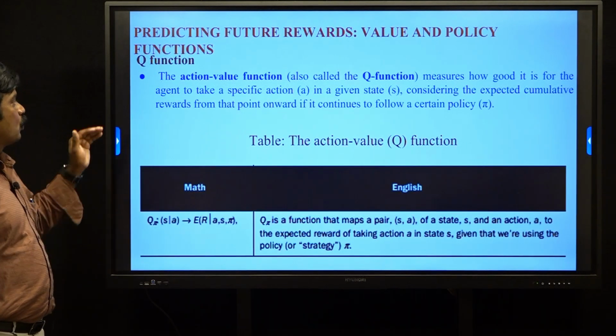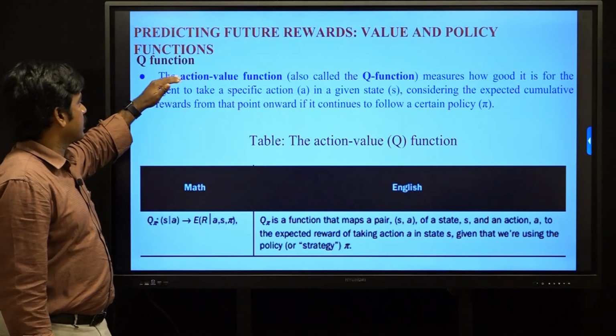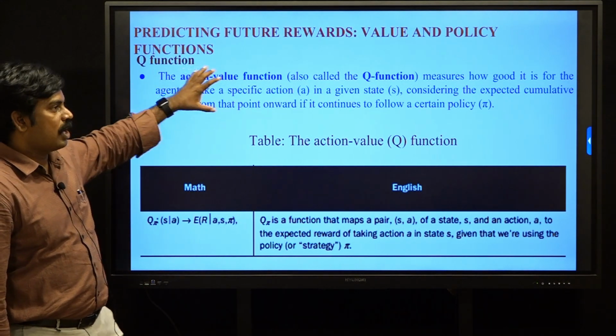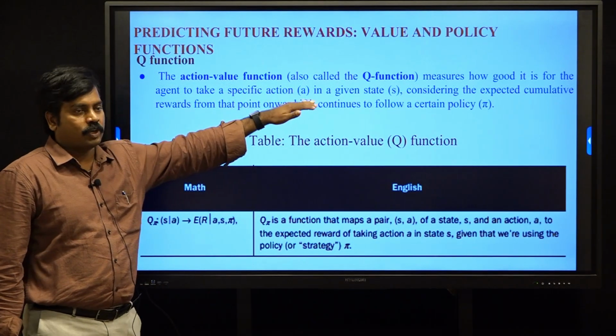The next one is the Q function. The Q function is also called the action value function. It measures how good it is for the agent to take a specific action in a particular state.